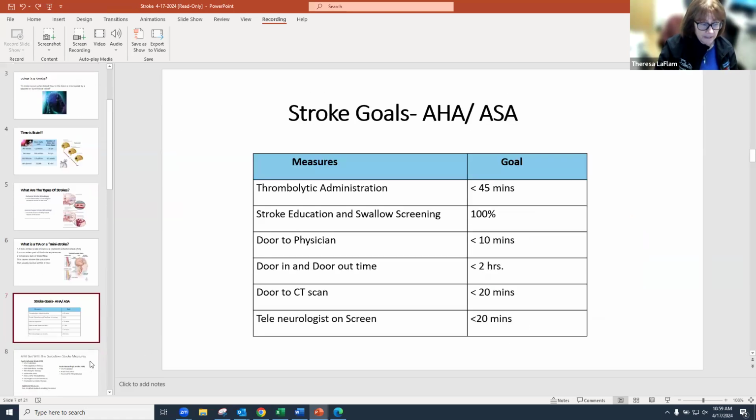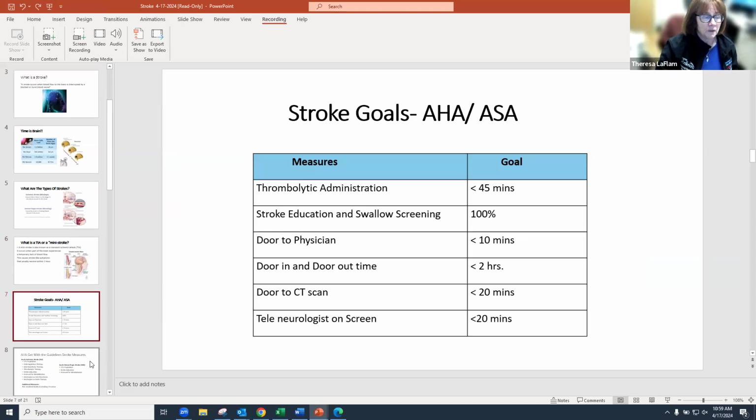So while they're here, because we are trying to make sure that they get the best care, and we always use evidence-based care, it's not something we just made up here. So we follow the experts. And the experts for us are the American Heart Association and the American Stroke Association.